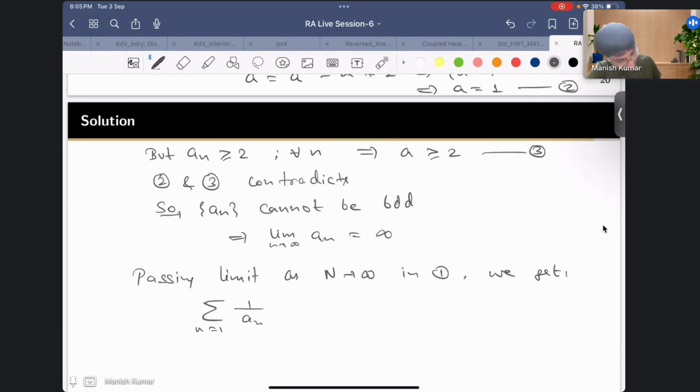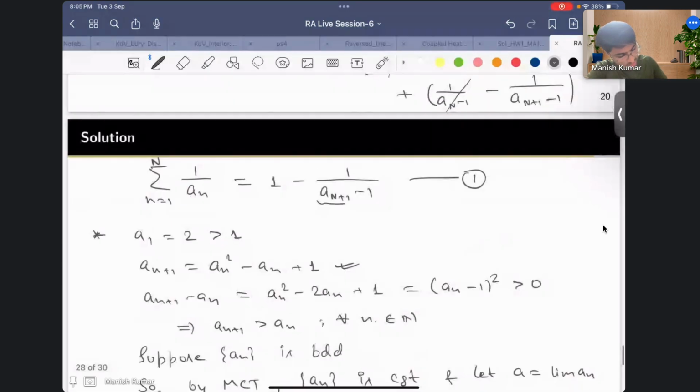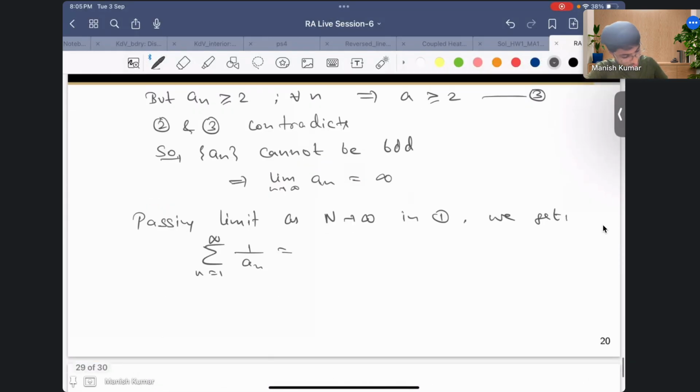The 1/a_n term will go to 0, since a_n goes to infinity, so this whole thing will go to 0. So this summation would be 1.